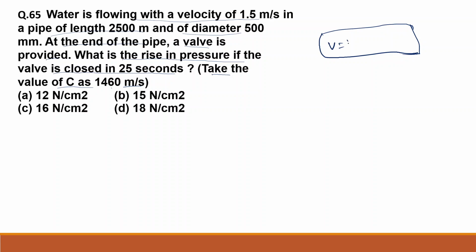V is given, velocity is given per second, and D is also given, 0.5 meter, because by converting millimeter into meter we get 0.5 meter, and the length is given 2500 meter. This is the valve.